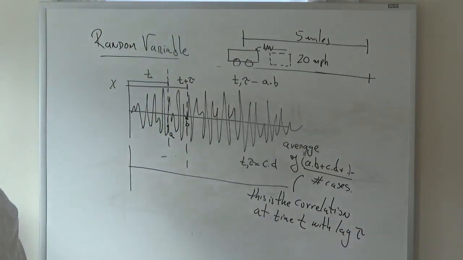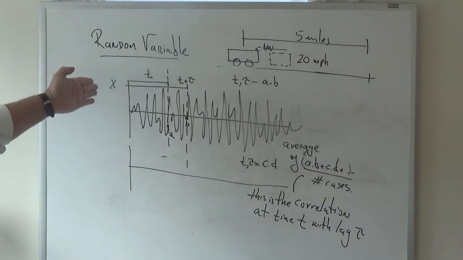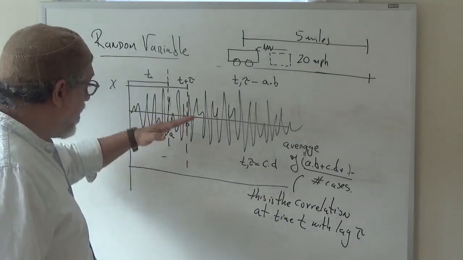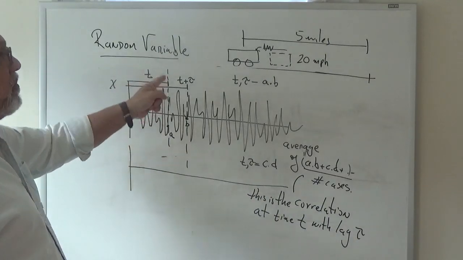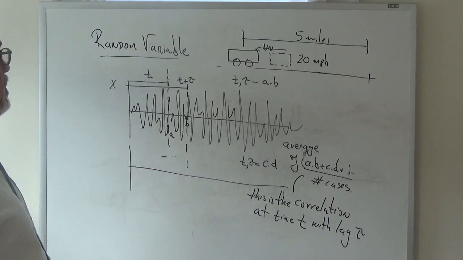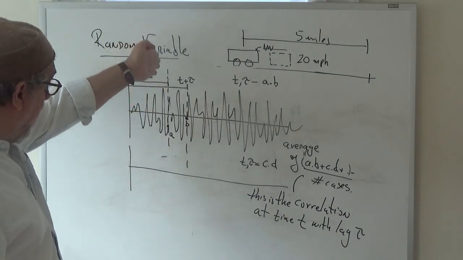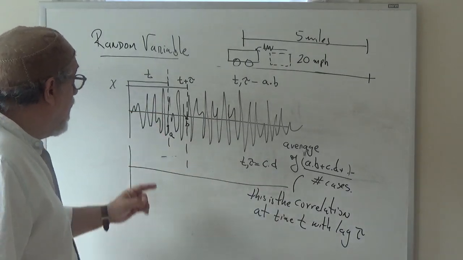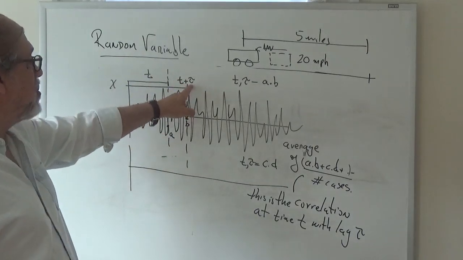So I repeat, using again our 5-mile drive. This is one of them. There is in our head another 1,000 of them, right? We take a particular time, 3 seconds, 5 seconds, 1 minute after we started driving. At that time, we can cut down all our cases and we get a bunch of values. We also take a time a little bit shifted forward, and that shift is just tau.